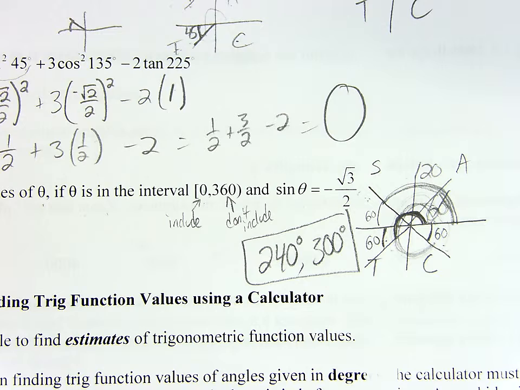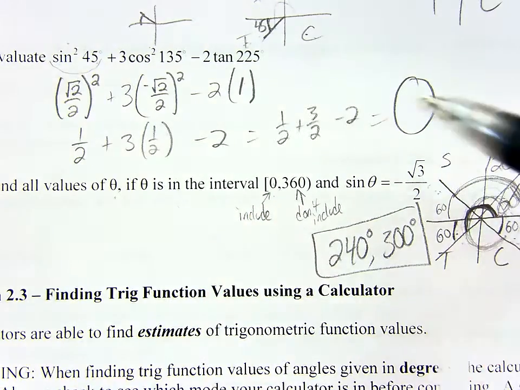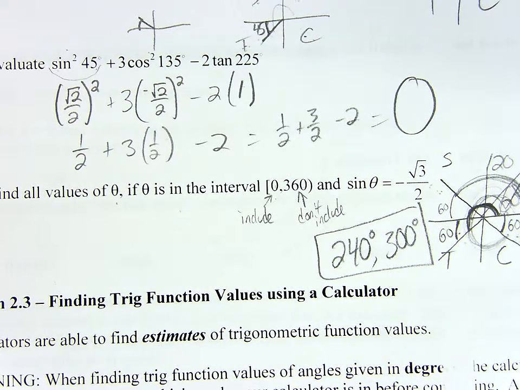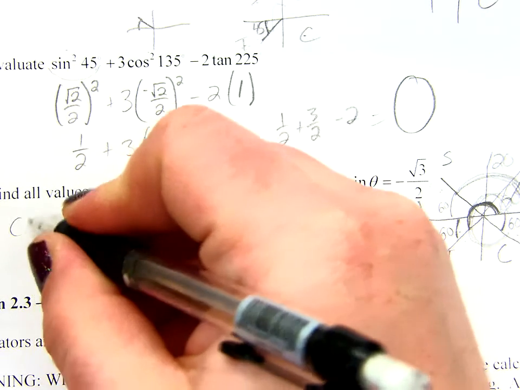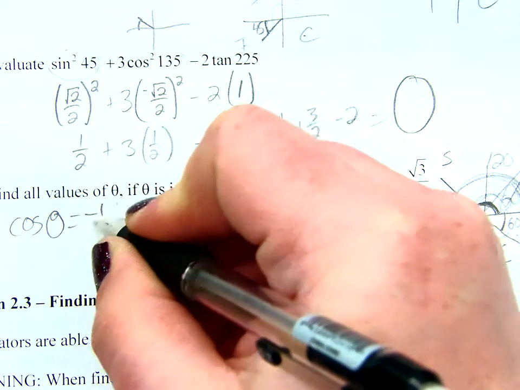I know there's not one on here, but I'll just make one up. So let's do the same thing, in between 0 and 360, but who would have a cosine of negative 1/2? Cosine of theta equals negative 1/2.